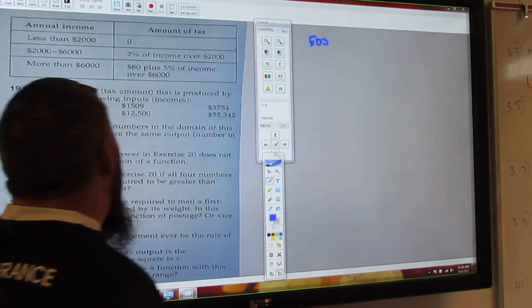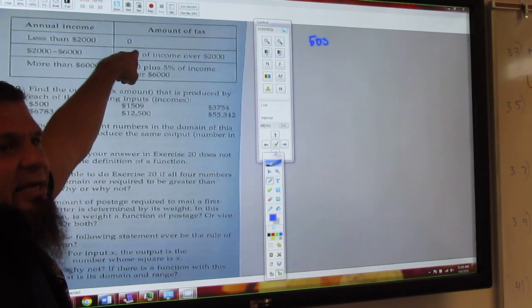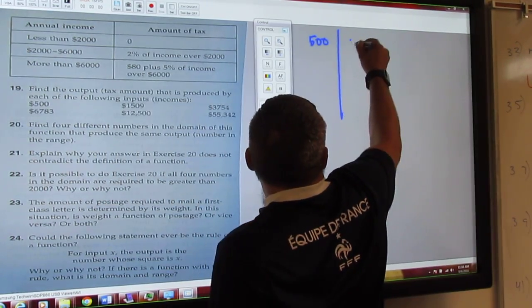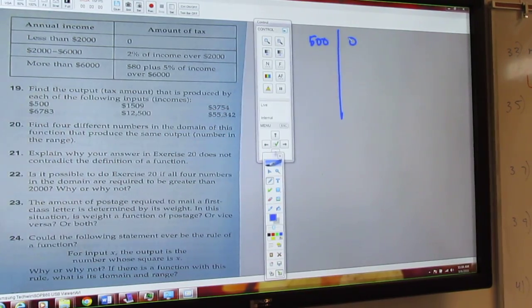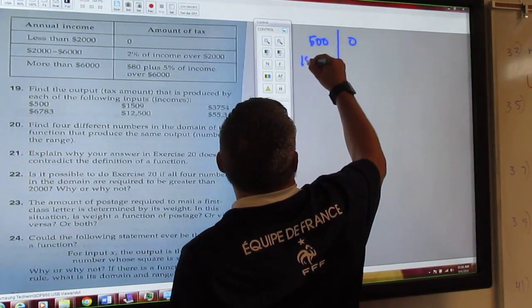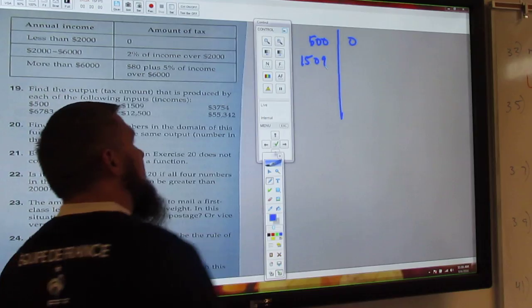With 500, I look up here and go, okay, less than 2,000, how much tax is there? 0. Anything less than 2,000, it's 0 taxes. What about 1509? 0. Okay.